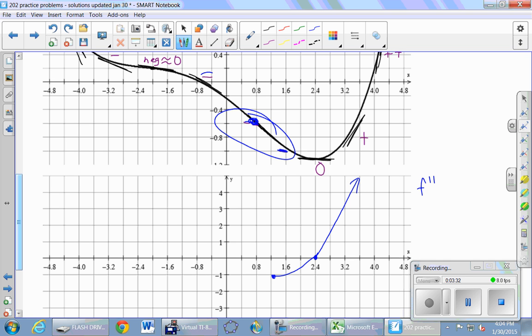And we can see that the slopes are still negative, but getting closer and closer to 0. So at some point, it kind of turns around and heads back up. Let's draw that a little bit more nicely. So something like that.